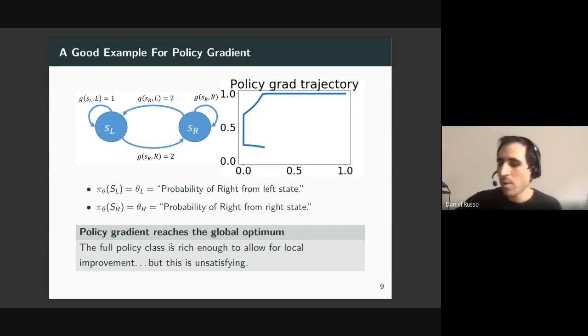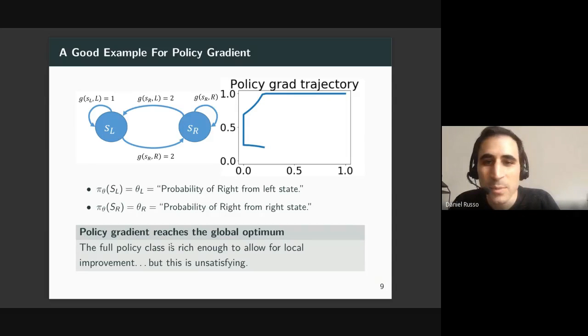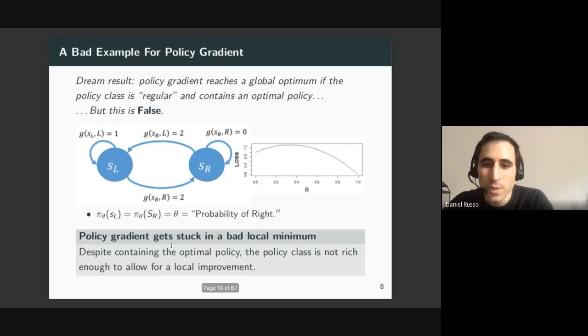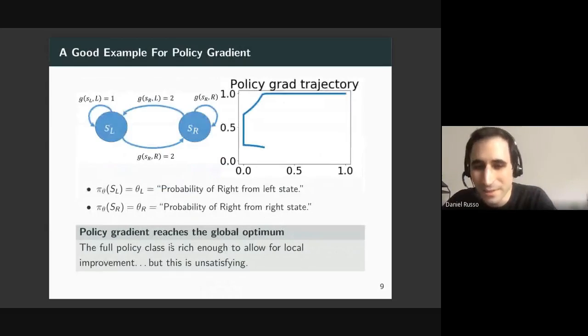Because much of what we started with as motivation in the beginning is that if we have a strong inductive bias that a certain class of policies should be effective, allowing us to treat maybe complex problems with large state spaces, then policy gradient may be especially useful as a procedure. But here, we saw that when you have a strong inductive bias, policy gradient did not work. It was only with no inductive bias that policy gradient was working here.